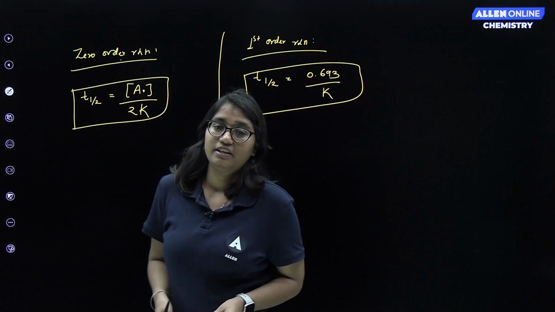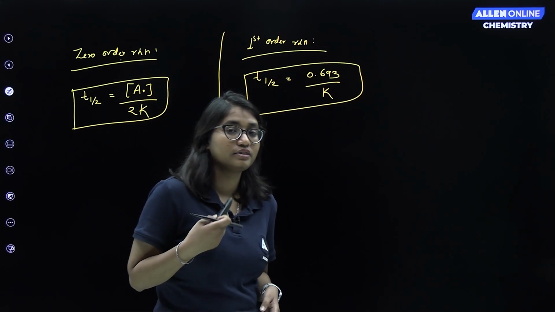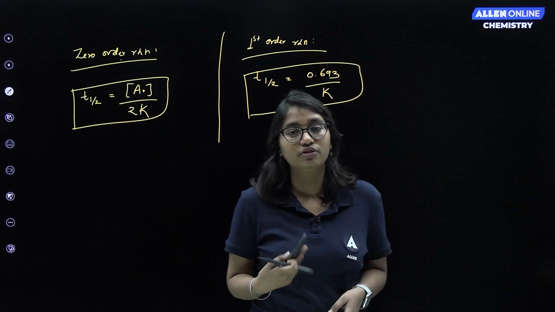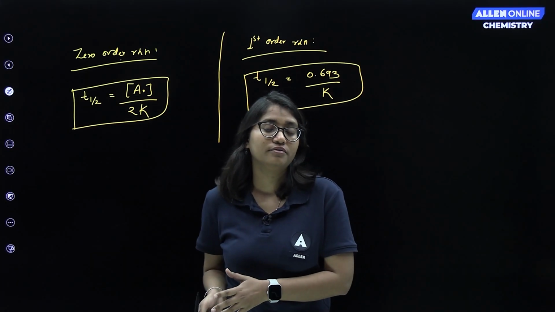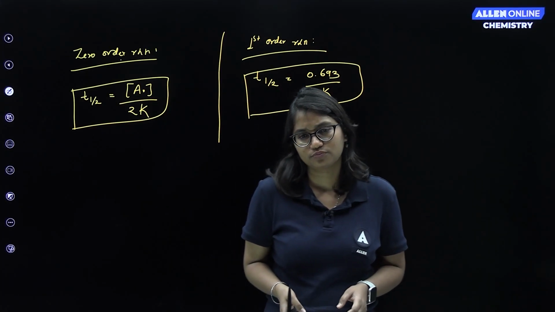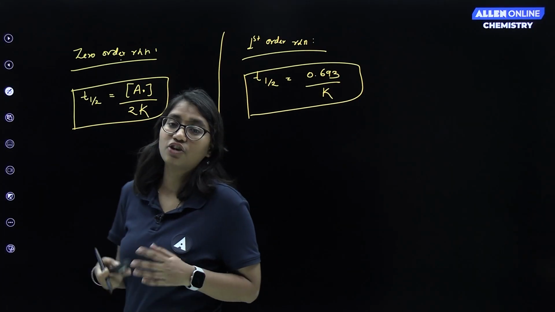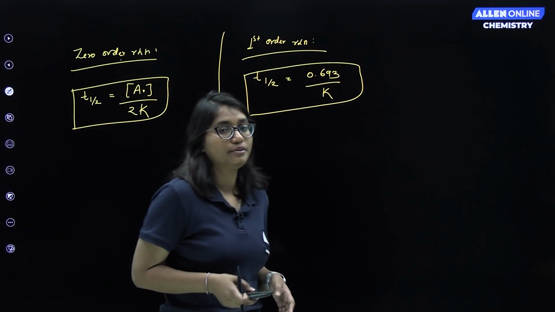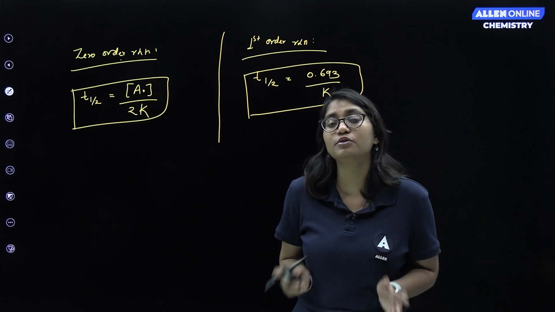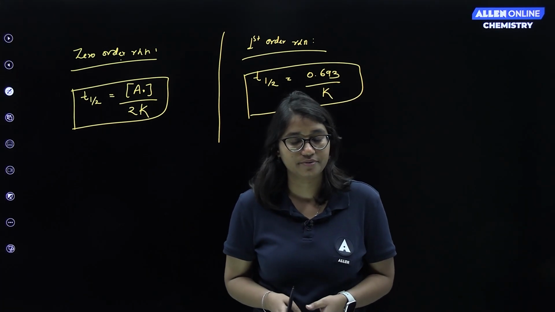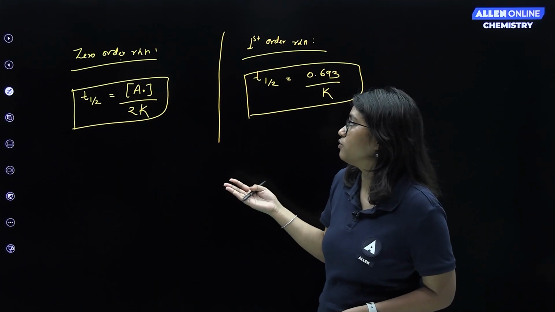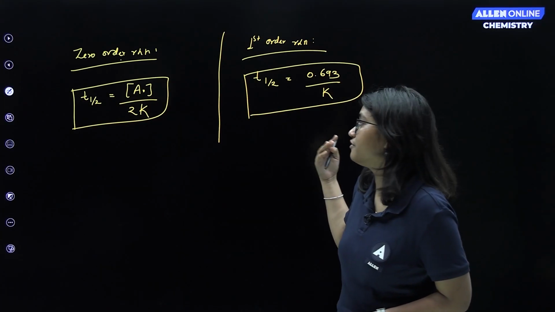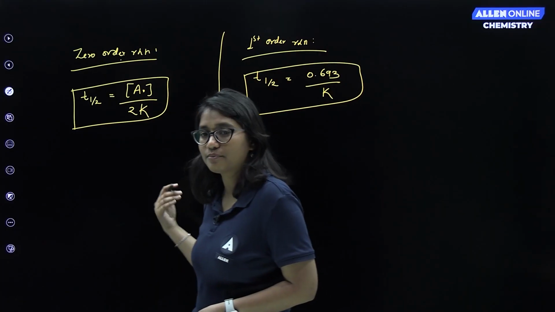And most importantly, we have discussed how their half-life behavior depends on concentration, which is very, very important from the exam point of view. If these concepts are clear, then chemical kinetics becomes one of the most scoring subjects of physical chemistry. In the next class, we'll discuss more problems and we'll apply the concepts in those problems.